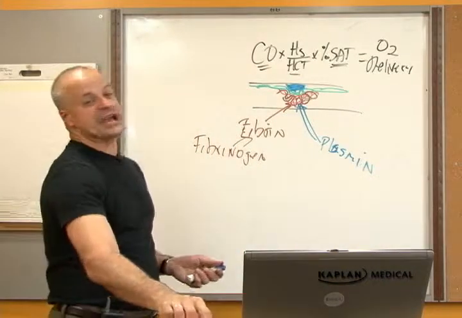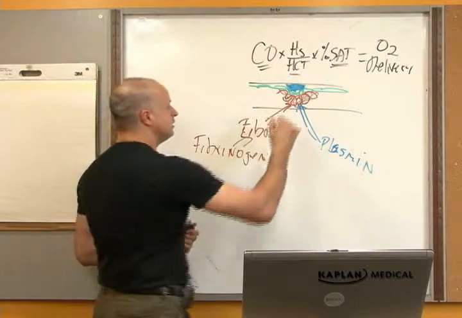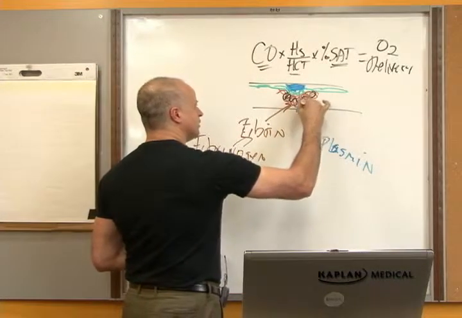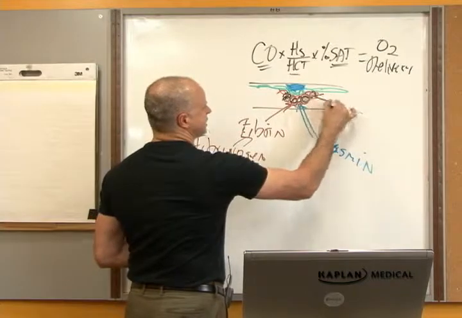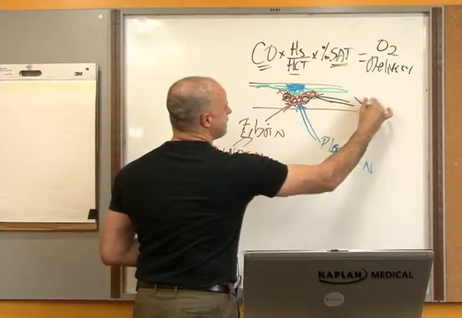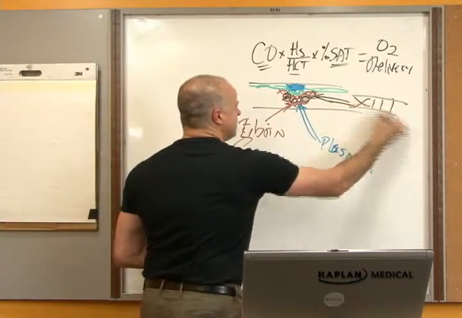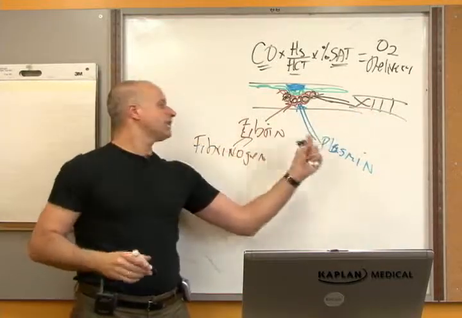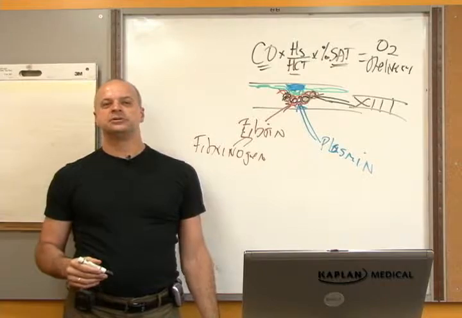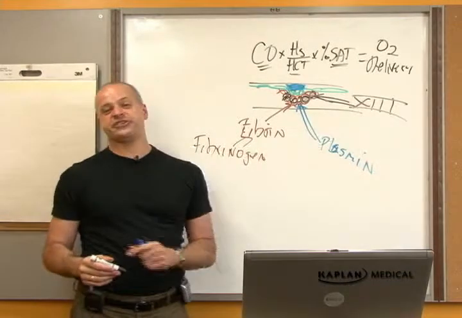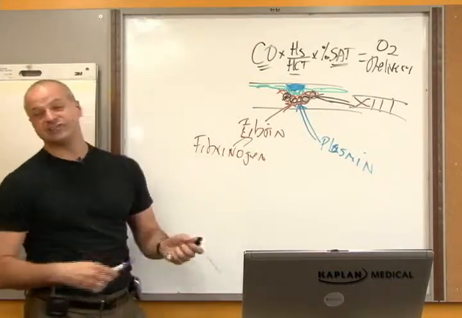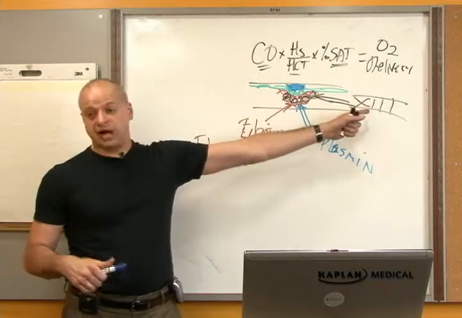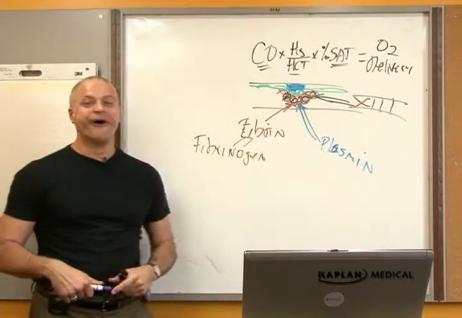If another factor called factor 13 comes and links up the fibrin, factor 13 stabilizes that clot and preserves the clot, and after the clot has been stabilized by factor 13, plasmin won't chop it up. What's the other name of factor 13 which stabilizes the clot? It's also known as clot stabilizing factor.